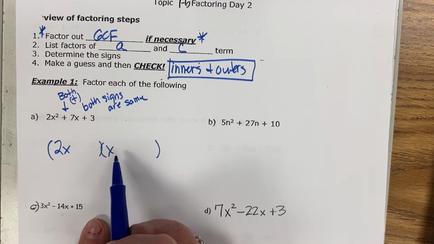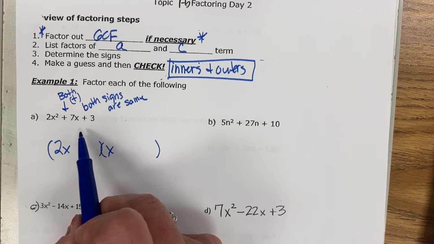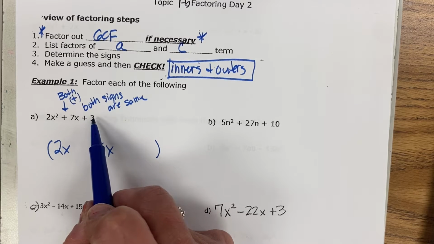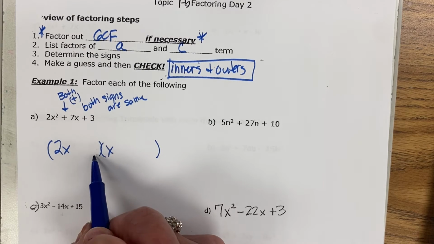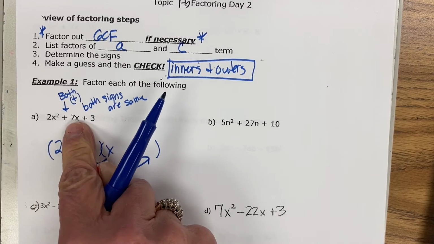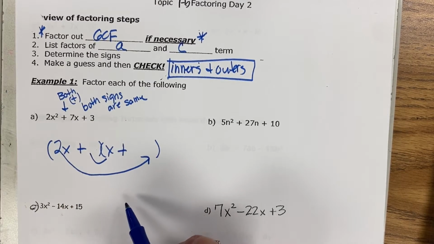The second thing I want to do is determine where I'm going to place the 3, because I'm looking for the factors of 3. Now, I want to make sure that my inners and my outers are going to add up to 7. I know that I have a plus sign.